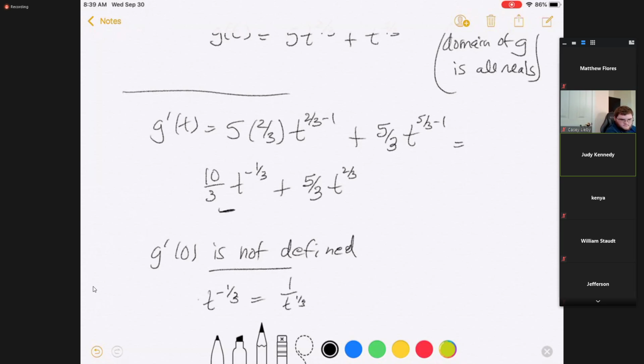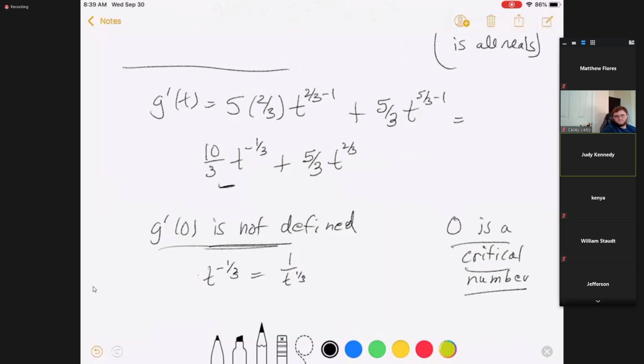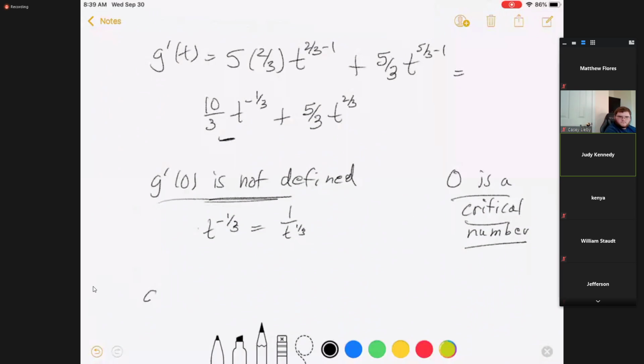So you'd be trying to take 1 over 0. So 0 is a critical number for this function. That's one critical number. That's the only place G prime is not defined. We also need to check for where G prime of t is 0.